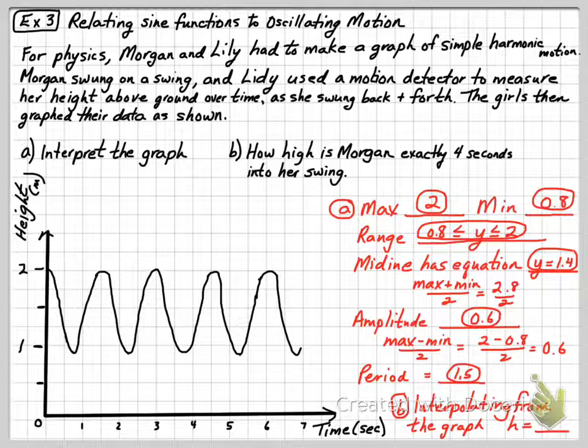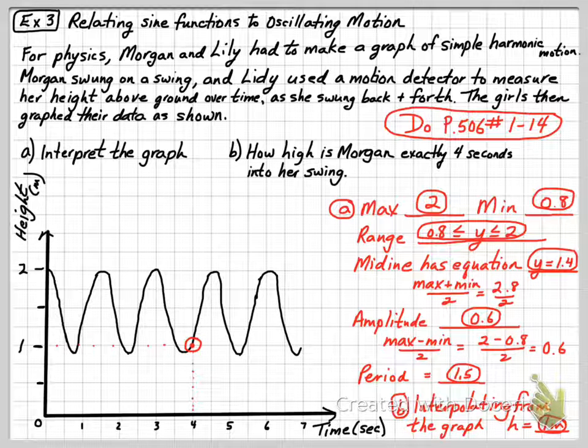If we went to 4 seconds on the bottom axis and then moved across, you can see that when x is 4, y is 1. So we can tell by reading from the graph that exactly 4 seconds into her swing, she's going to be 1 meter off the ground.